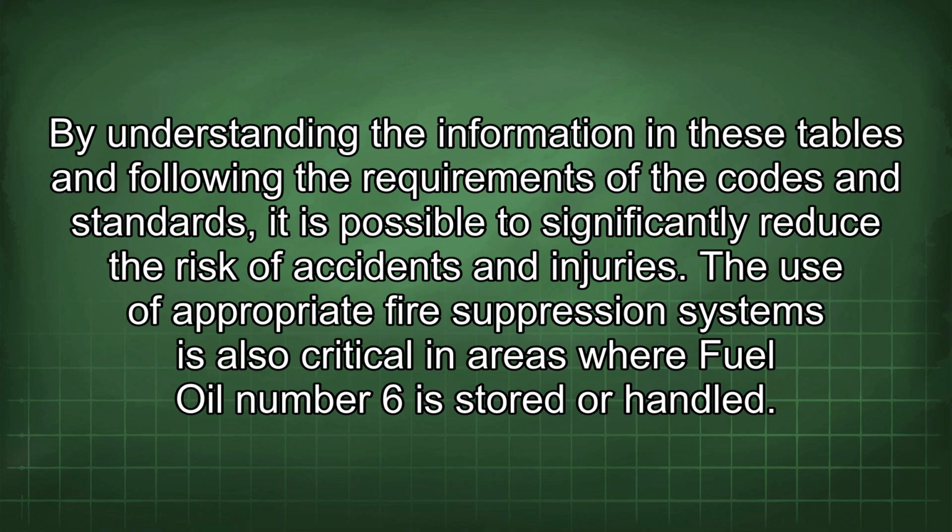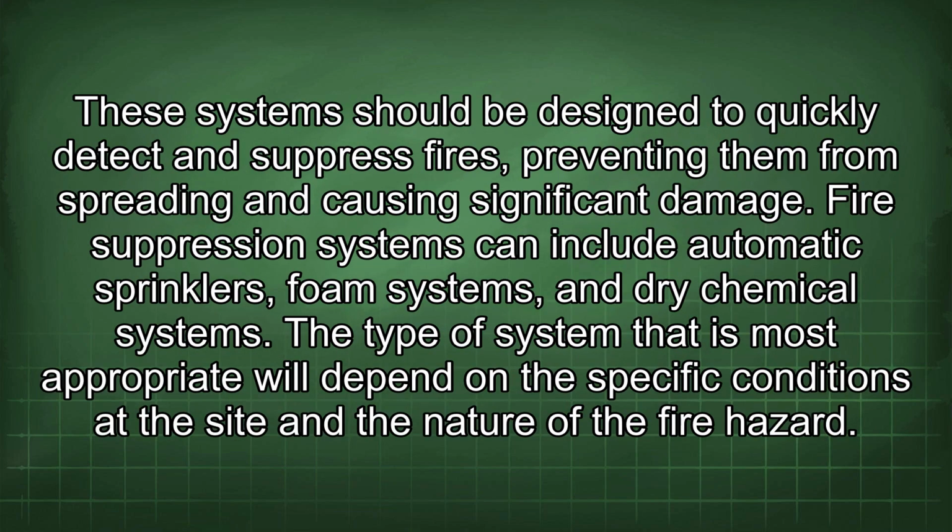The use of appropriate fire suppression systems is also critical in areas where fuel oil number 6 is stored or handled. These systems should be designed to quickly detect and suppress fires, preventing them from spreading and causing significant damage. Fire suppression systems can include automatic sprinklers, foam systems, and dry chemical systems.